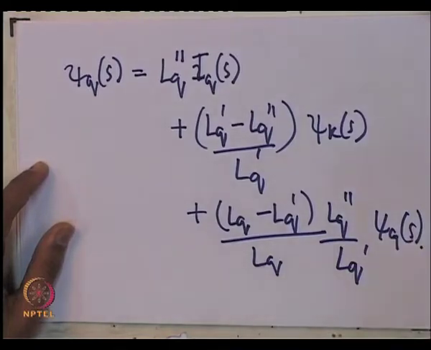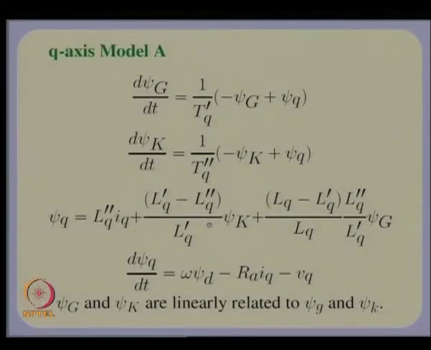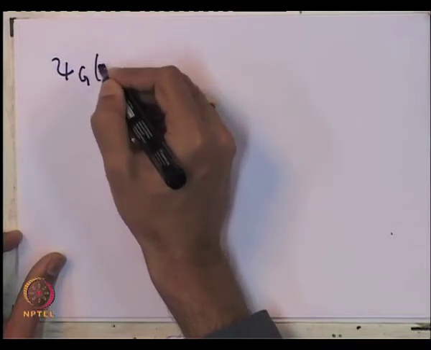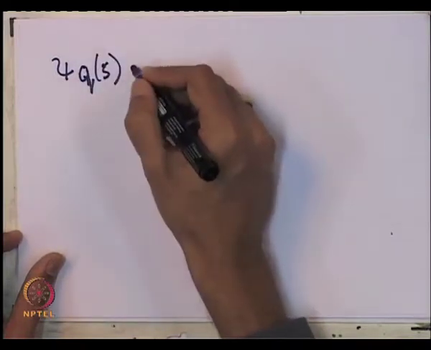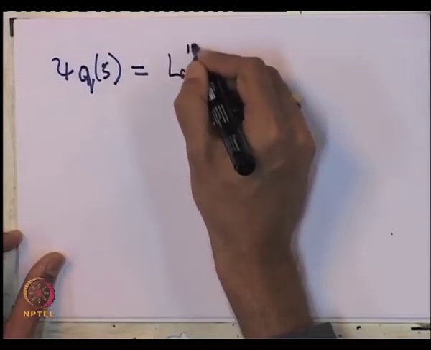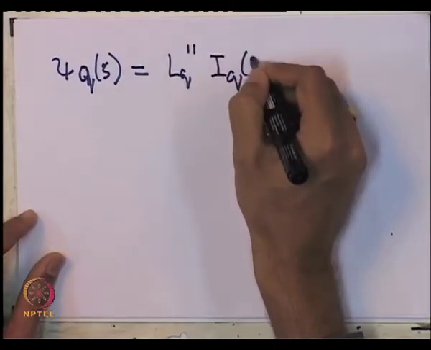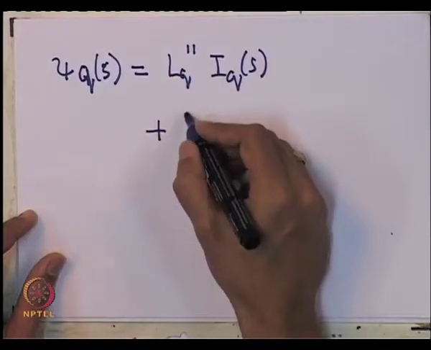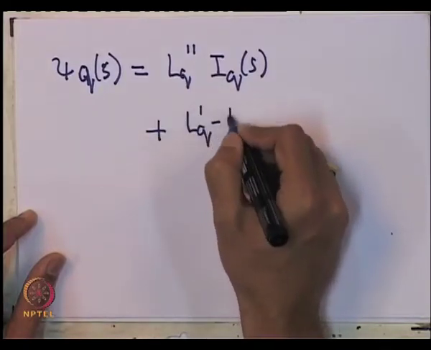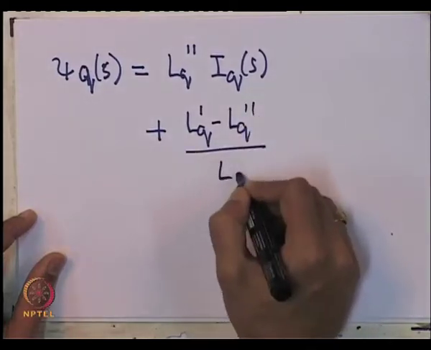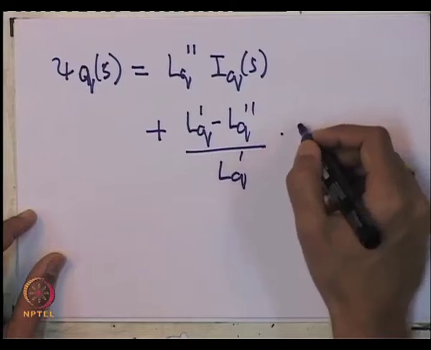You can look at the slide. What I have essentially done is obtained the Laplace transform of the first three equations, and if you follow the steps, it is quite straightforward. Psi q of s is now equal to L q double dash I q of s plus L q dash minus L q double dash upon L q dash into psi k of s.